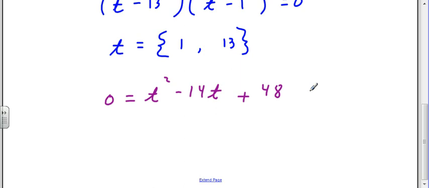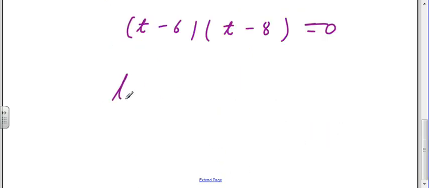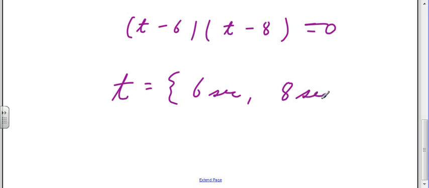And 6 and 8 is 14. Well, that factors too, so I don't even have to use the quadratic formula. I don't have to complete the square on it. Oh, bummer. Not that I would. I might, just for the heck of it. Okay, so 6 seconds, 8 seconds. There, I put in seconds this time. Everybody happy with that?